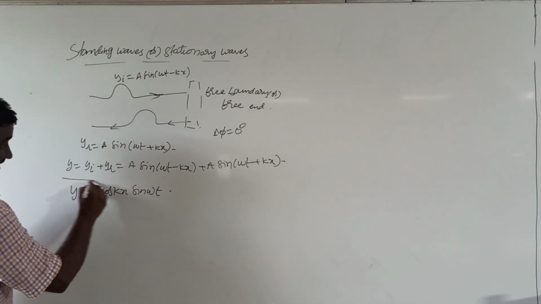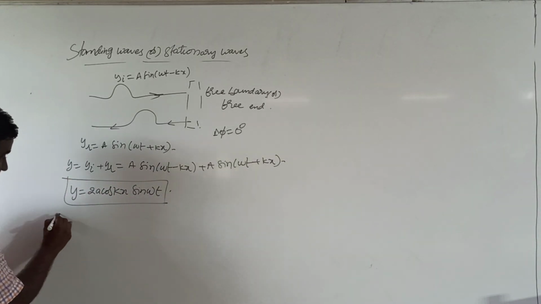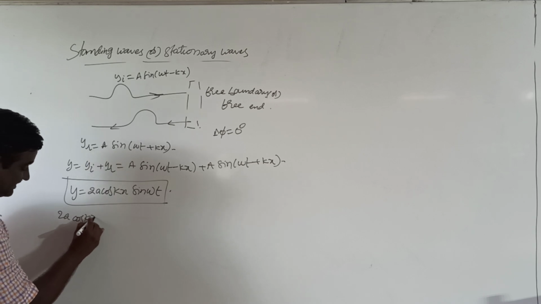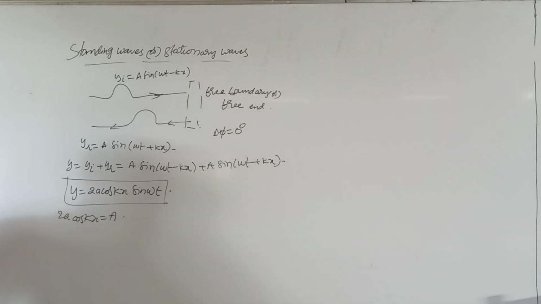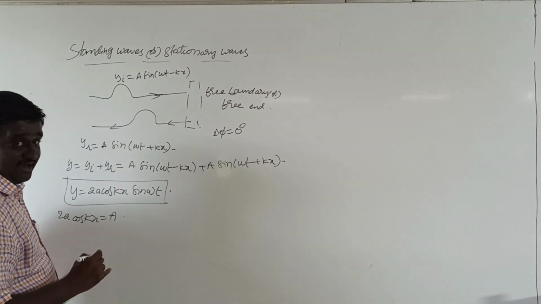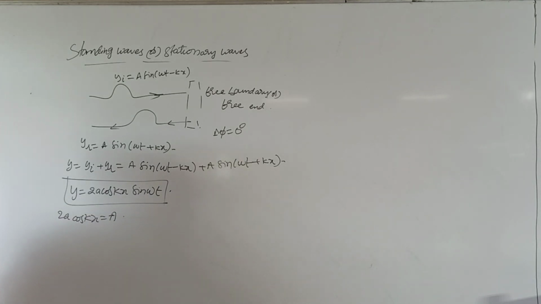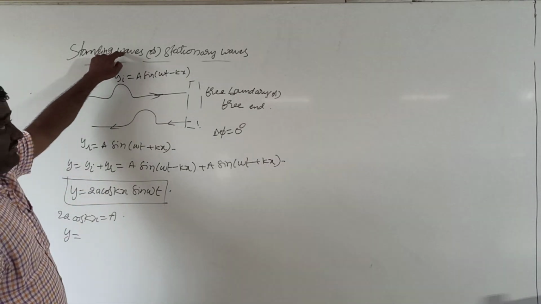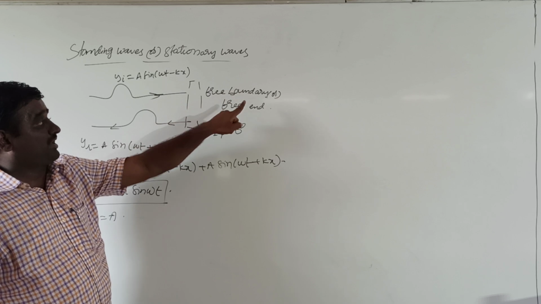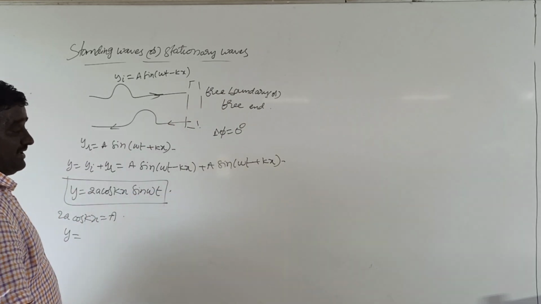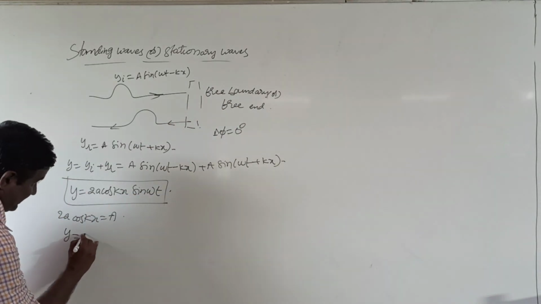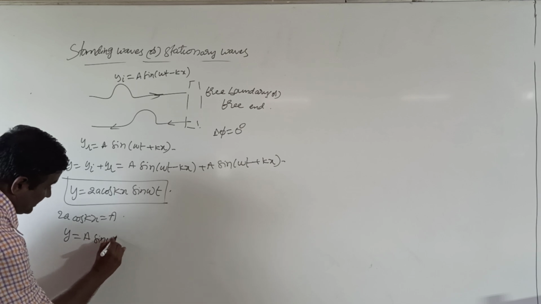In this equation, 2a cos kx is the amplitude of the resultant wave. So the amplitude is minima at the nodes, and the amplitude is maximum at the antinodes. Then the equation of the standing wave or stationary wave across the free boundary or free end reflection is y equal to A sin omega t.